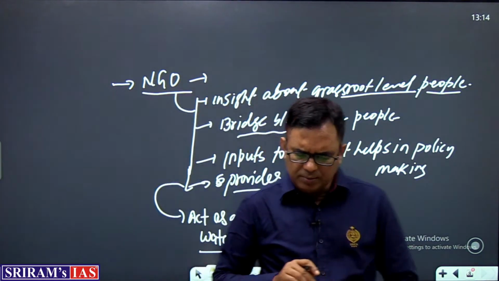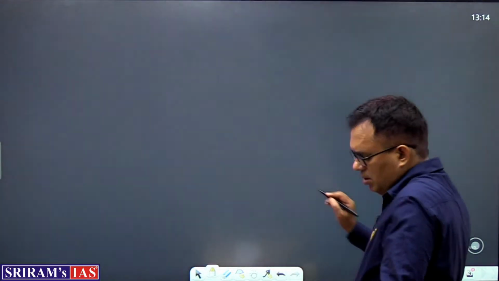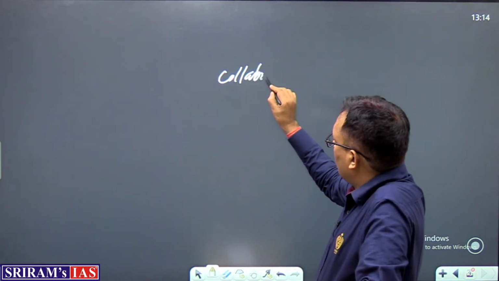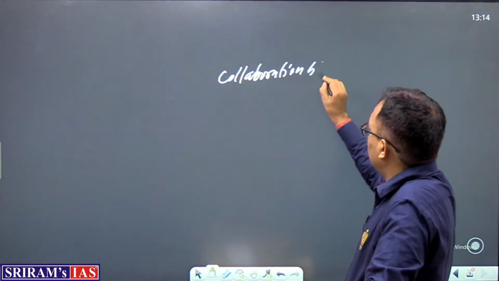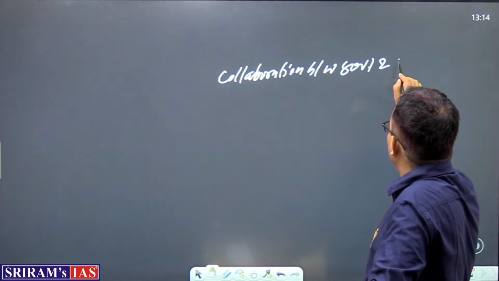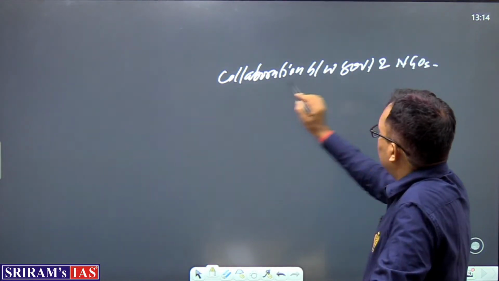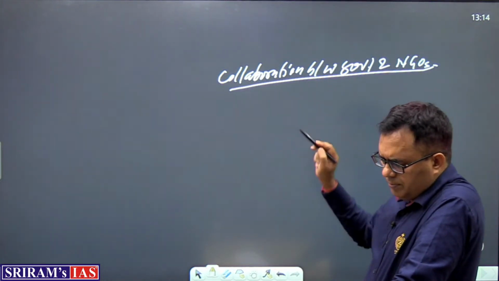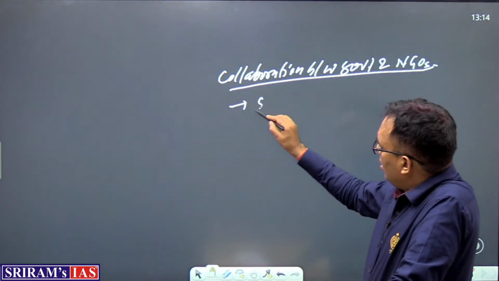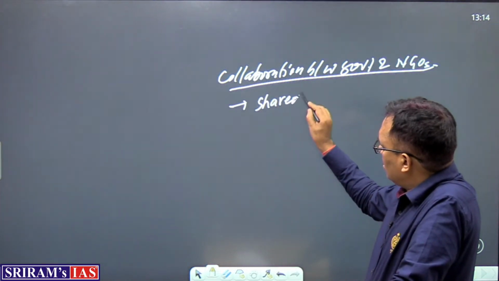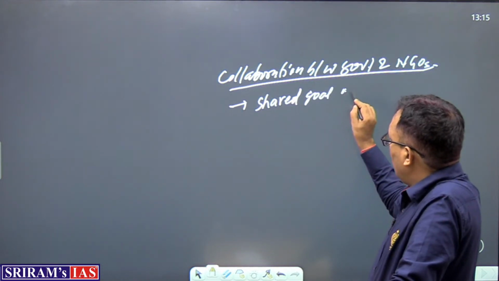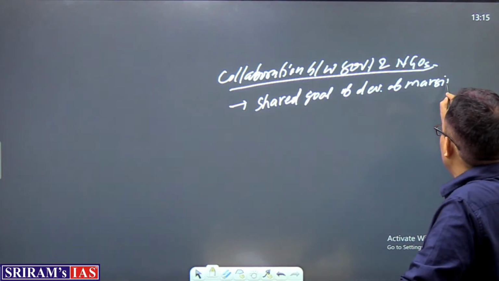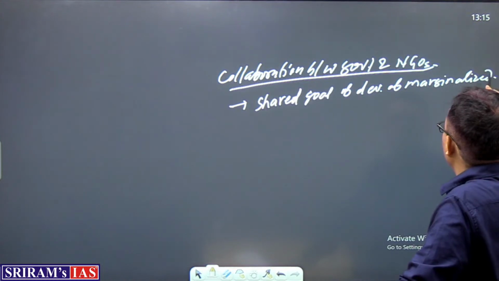Now, when we talk about the first one, the collaboration between government and NGOs. First, we can have collaboration between government and NGOs, and I told you they try to go for shared goal of development of marginalized.